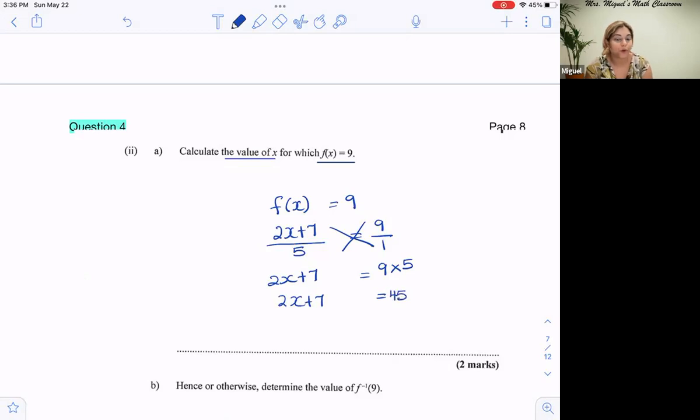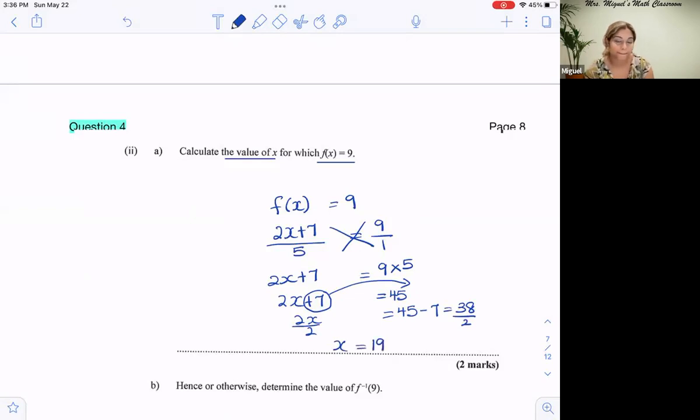Now what do we do now? Well, we want to find the value of x, so we need to eliminate +7. By eliminating +7, we change it to -7. So 45 minus 7 is 38. The next step is to divide by the number in front of x. So x is equal to 19.